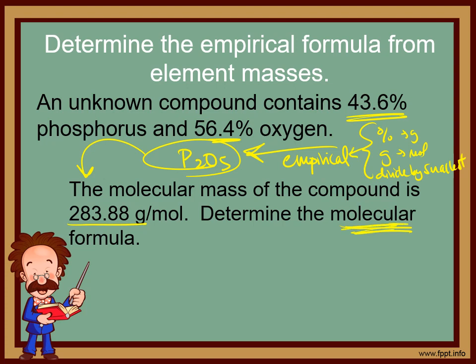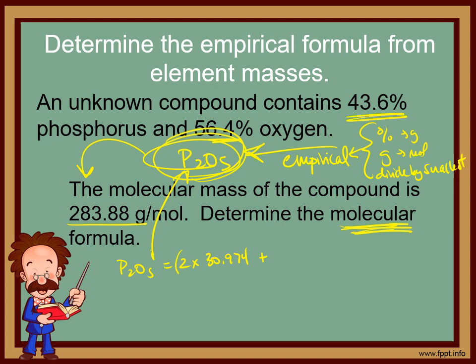It's another scale factor, my friends. So many scale factors today. So what we're going to do to find the molecular formula, I'm going to find the mass of the empirical formula. The empirical mass of P2O5 is going to be 2 times phosphorus, 30.974.